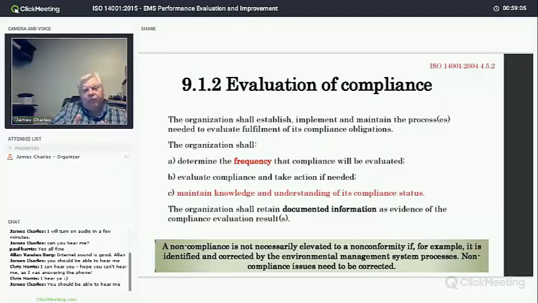Well, if we're doing an evaluation of compliance full blown every 3 years, we pay our sharp dressed consultant to come in. Sundays not sharp dressed. He evaluates our compliance, and then he goes away for 3 years. How do we maintain an understanding of our compliance status?